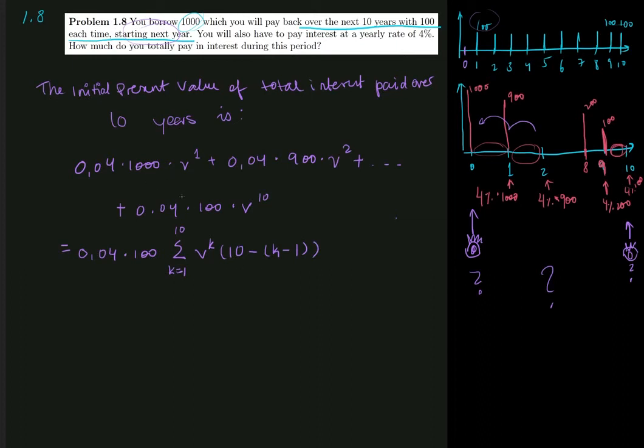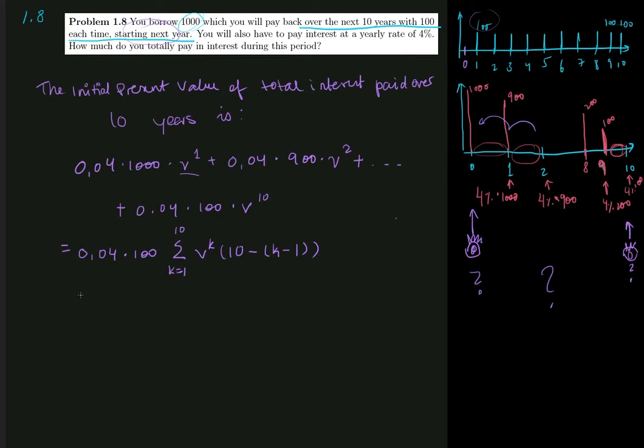In the sense that when we have v to the first, I want to multiply it with 10. So k is equal to 1, and that gives me 10 minus 0. And when I have v to the second, I want to multiply it with 9. So 10 minus 2 minus 1 is equal to 9. So this is the formula for the initial present value of the total interest that is paid over 10 years.